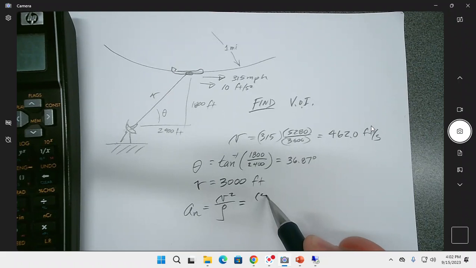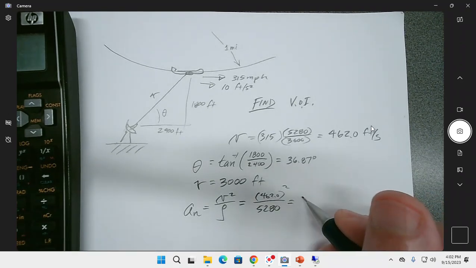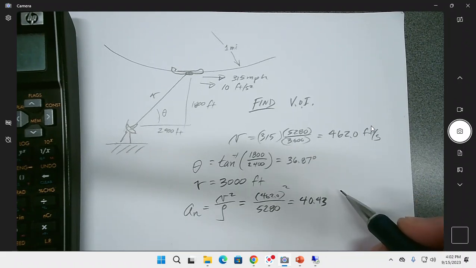So that's 462.0 squared divided by 1 mile, or 5,280. So let's square that, and 5280, boom. So we have an acceleration of 40.42. That's good enough. Feet per second squared.